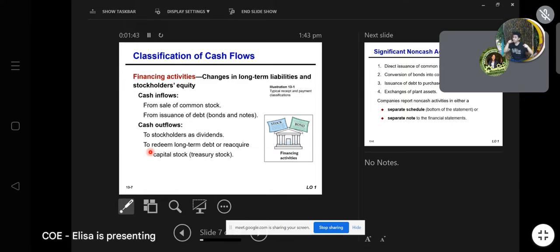Financing activities now, these are changes in long-term liabilities and stockholders' equity. When you put up a business, you need money to finance your daily needs.